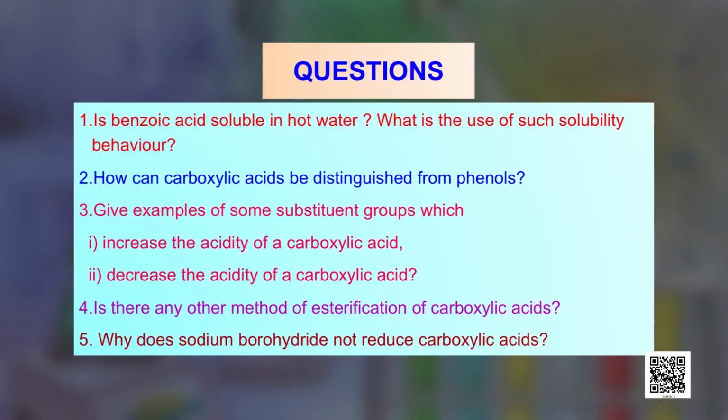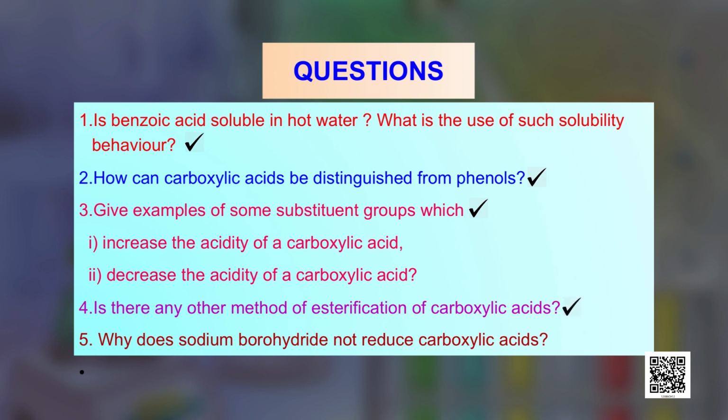Now, there are some questions for you to answer. Is benzoic acid soluble in hot water? What is the use of such a solubility behavior? How can carboxylic acids be distinguished from phenols? Give some examples of substituent groups which increase the acidity of the carboxylic acid and some other groups which decrease the acidity of the carboxylic acid.